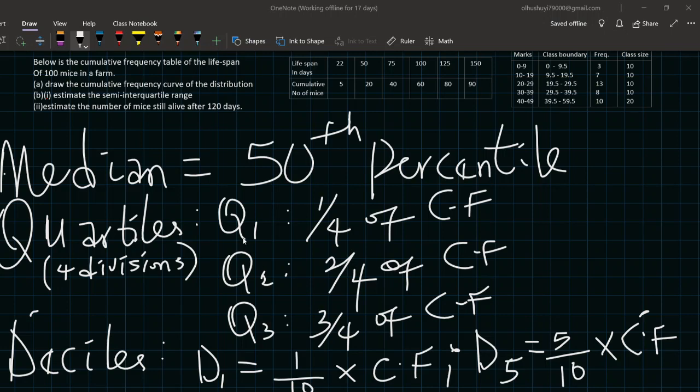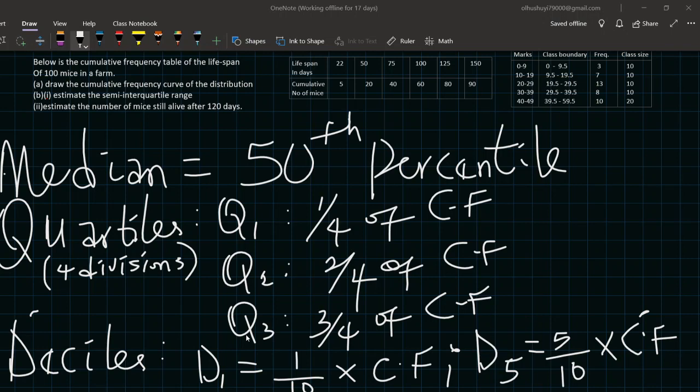Q1 is known as the lower quartile. Q2 is known as the middle quartile, 2 over 4 times the cumulative frequency. Upper quartile is your Q3, which is 3 over 4 times the cumulative frequency.